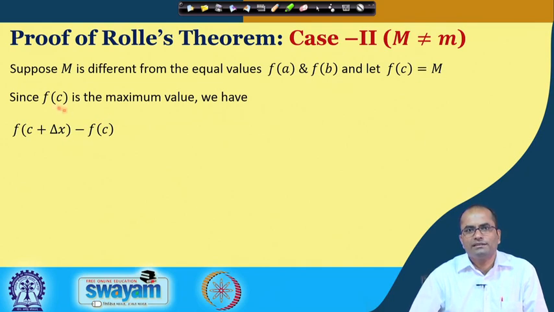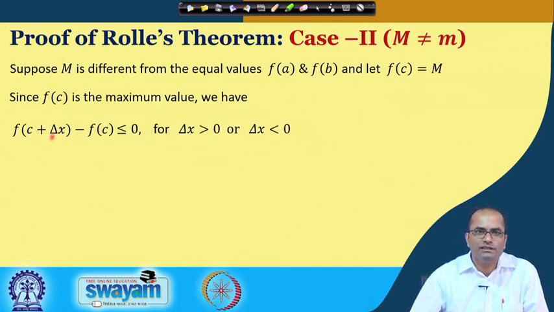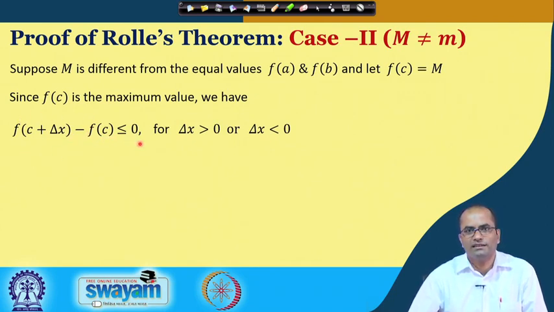So, in this case there will be such a delta x definitely because f(c) is the maximum value, that this expression here, f(c + delta x) minus f(c), will be less than or equal to 0 whether this delta x is positive or delta x is negative. That means, any point you take in the vicinity of this point c, this difference f(c + delta x) minus f(c) will be less than or equal to 0.